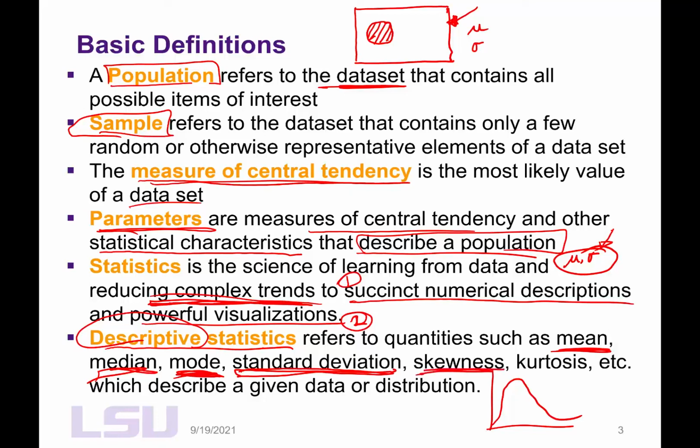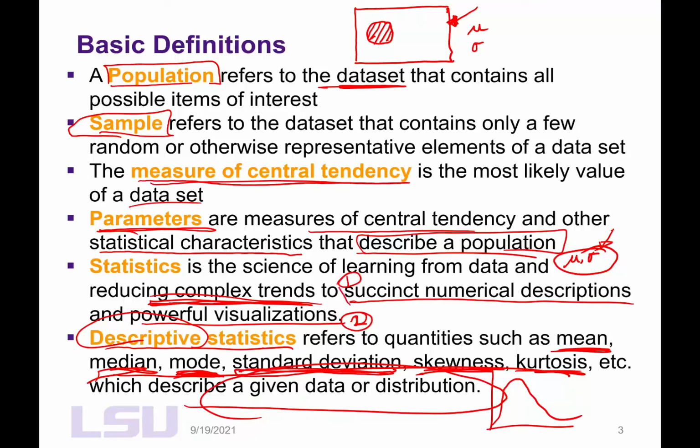We have skewness and kurtosis, and we'll talk about these within the context of the moment of inertia shortly. So descriptive statistics refers to such quantities listed here which describe a given data or distribution.